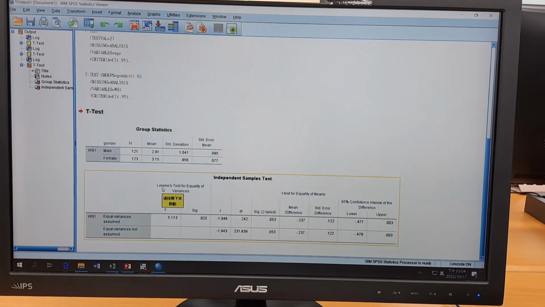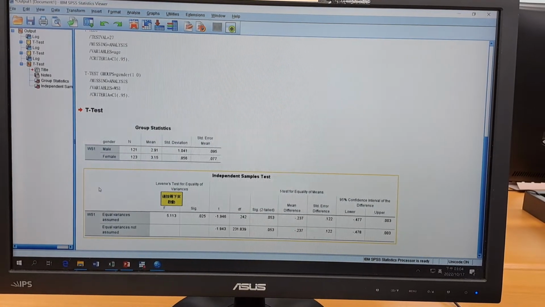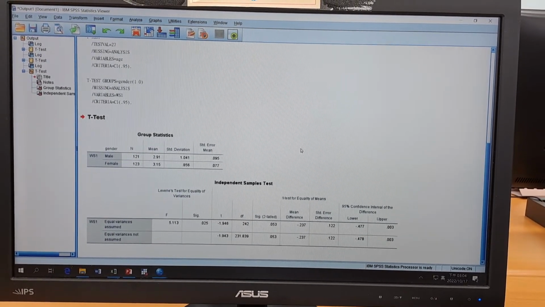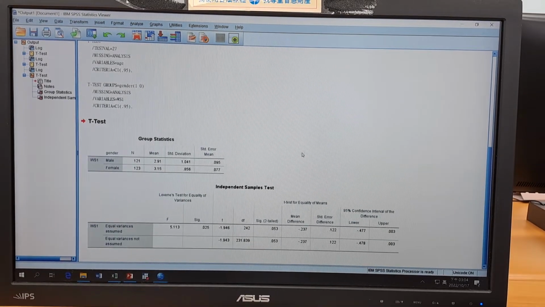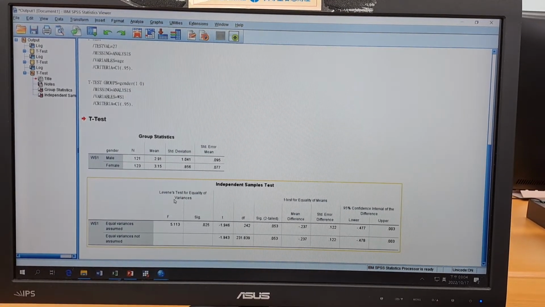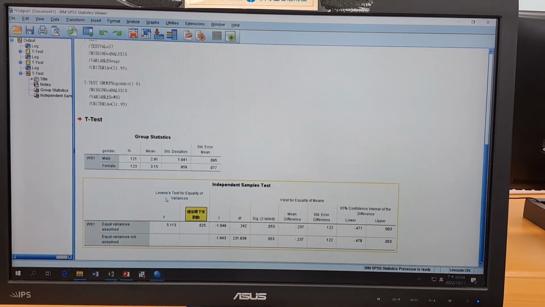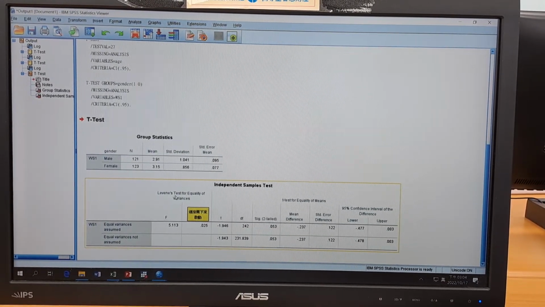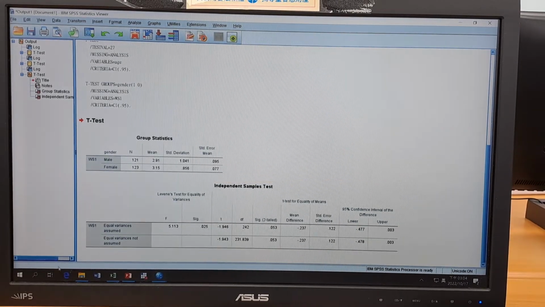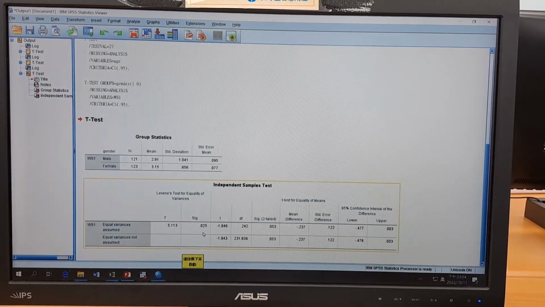When we run the independent sample t-test, you will see an assumption. The assumption is that variances are the same. That is the reason this is called Levene's test for equality of variances. So we read this number first.